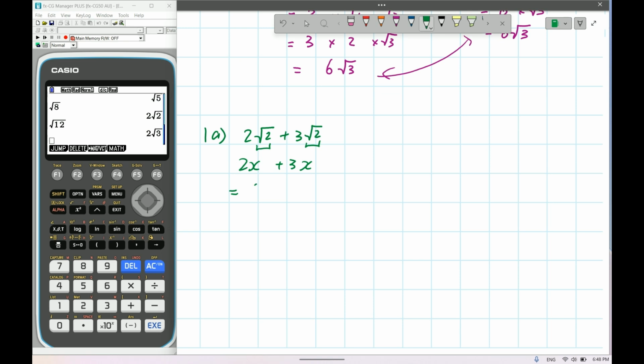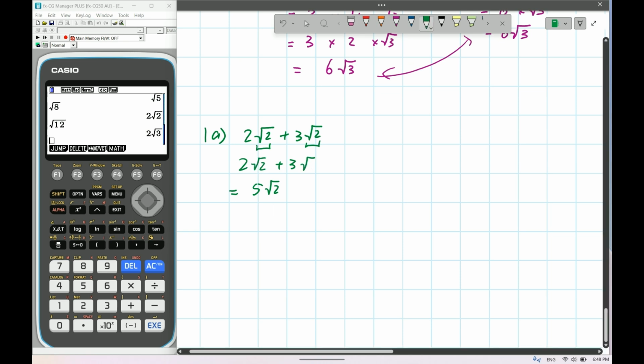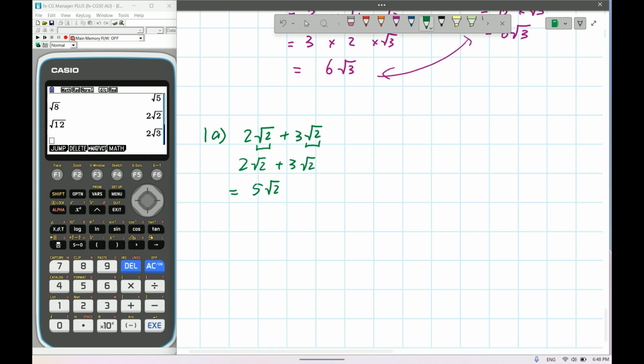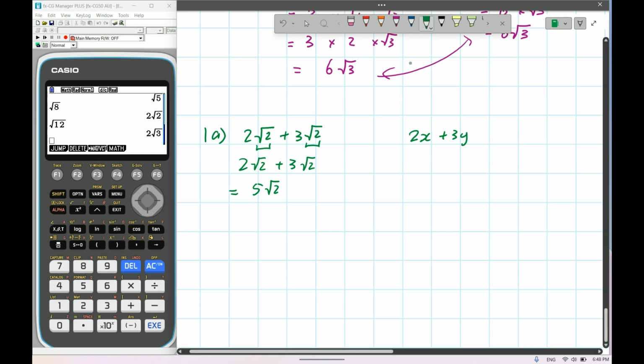So 2x plus 3x makes 5x, or in this case, 5 square root 2. Likewise, if you had 2x plus 3y, you can't add these two together because they're not like terms.